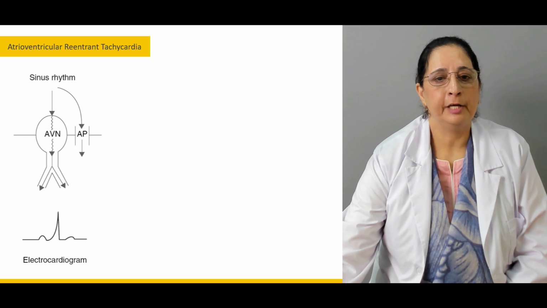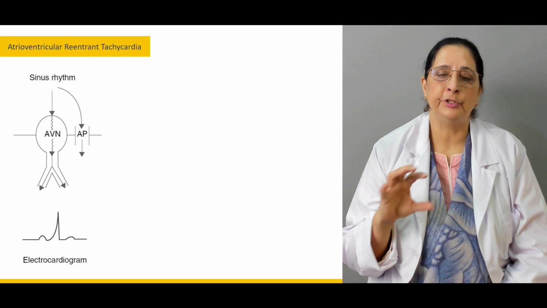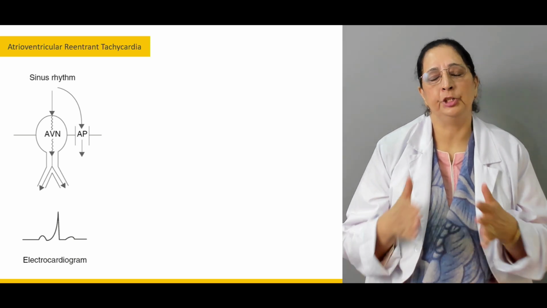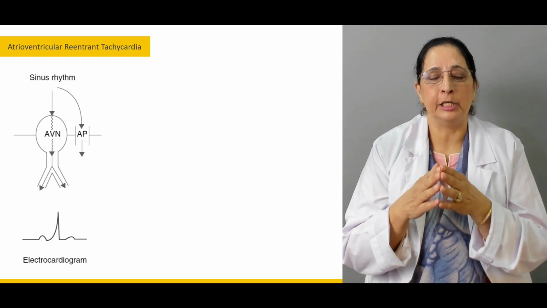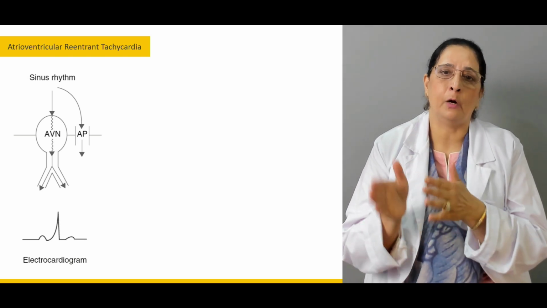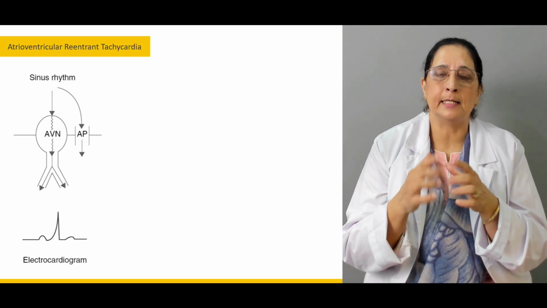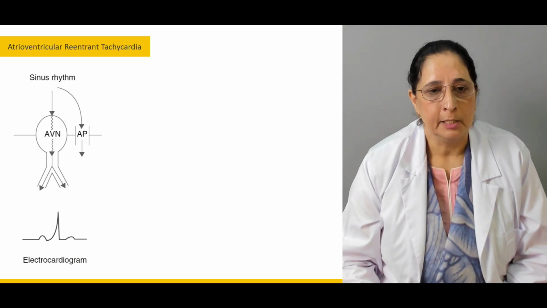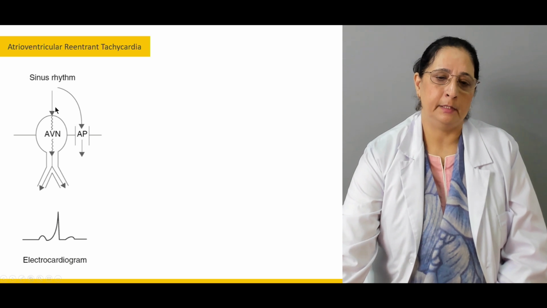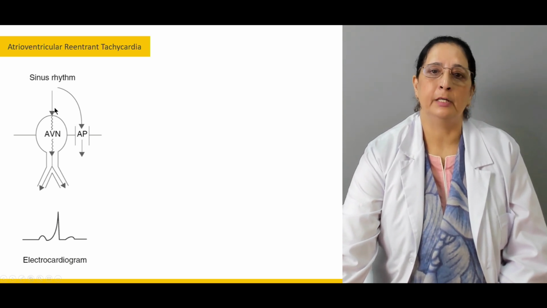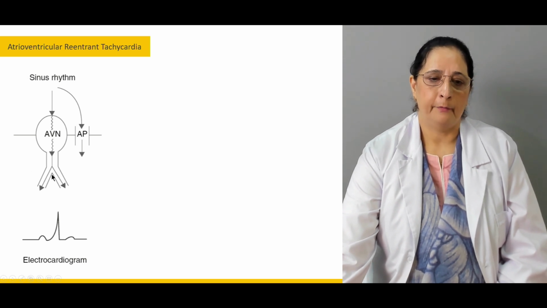Again, atrioventricular re-entrant tachycardia: just a few terms are used in this condition depending on how the impulse or action potential goes and how it comes back. Re-entry means it enters again and generates the impulse. So this is the sinus rhythm. From the SA node, that's the normal sinus rhythm, it goes to the AV node, and from there to the ventricle.